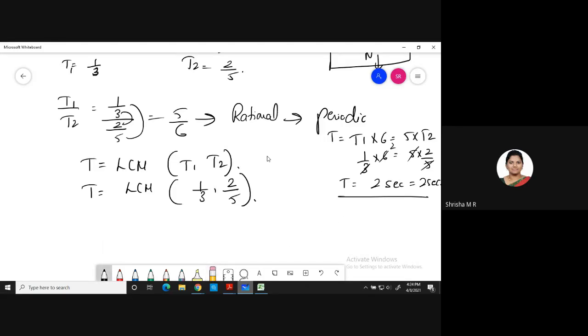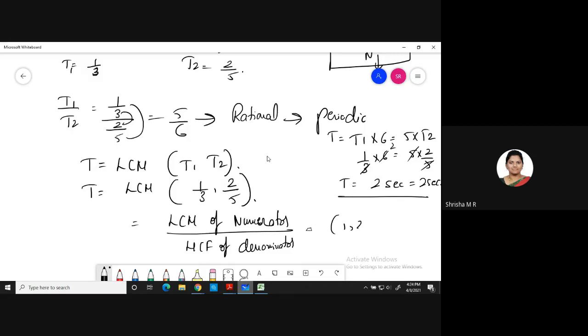If you have the LCM of fractions, you take the LCM of the numerators by the HCF of the denominators. What is the LCM of 1 and 2? LCM is least common multiple, so it's 2. And the HCF, the highest common factor, of 3 and 5 is 1. So the time period is 2 seconds. Clear?